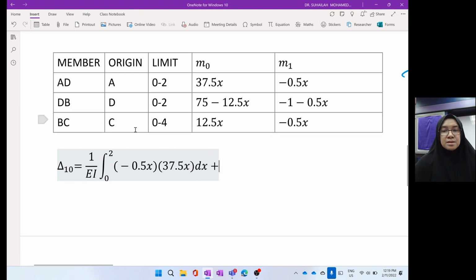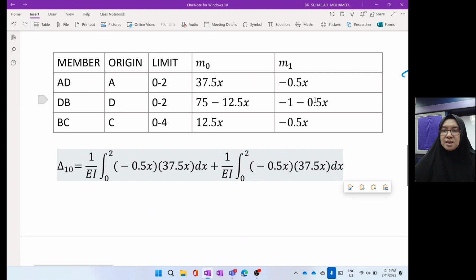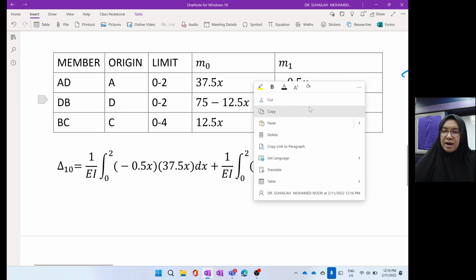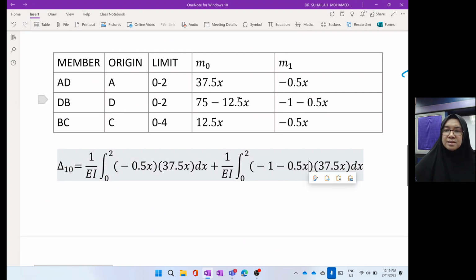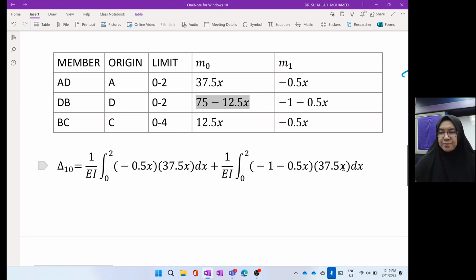Plus we have another cutting section. Okay, it is negative 1, negative 0.5, and 75 minus 12.5.